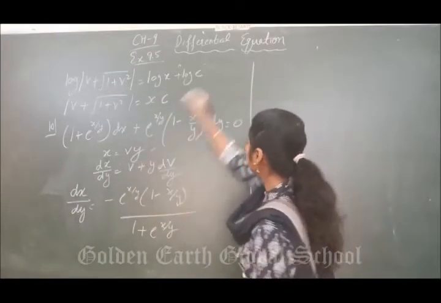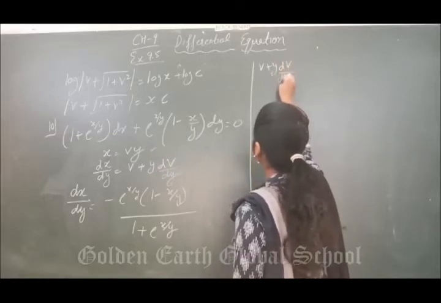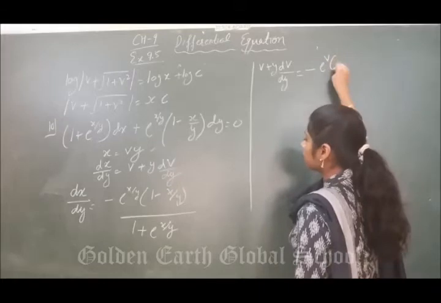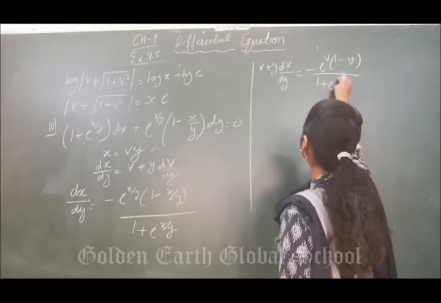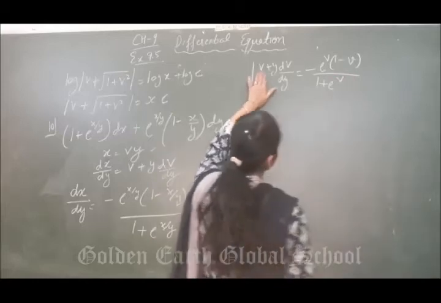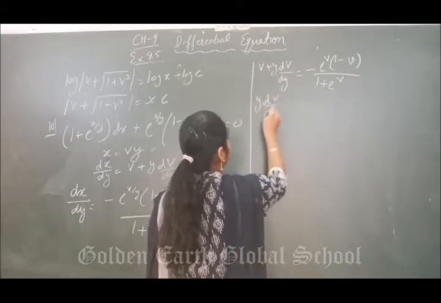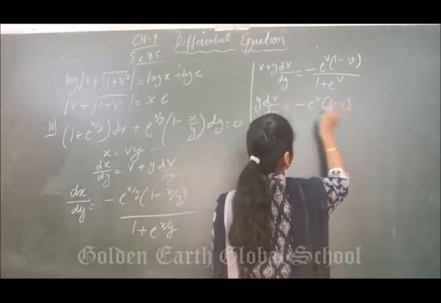Left hand side: v plus y dv by dy is equal to minus e raised to power v into 1 minus v upon 1 plus e raised to power v. Now v is shifted to the right hand side, minus e^v into 1 minus v.